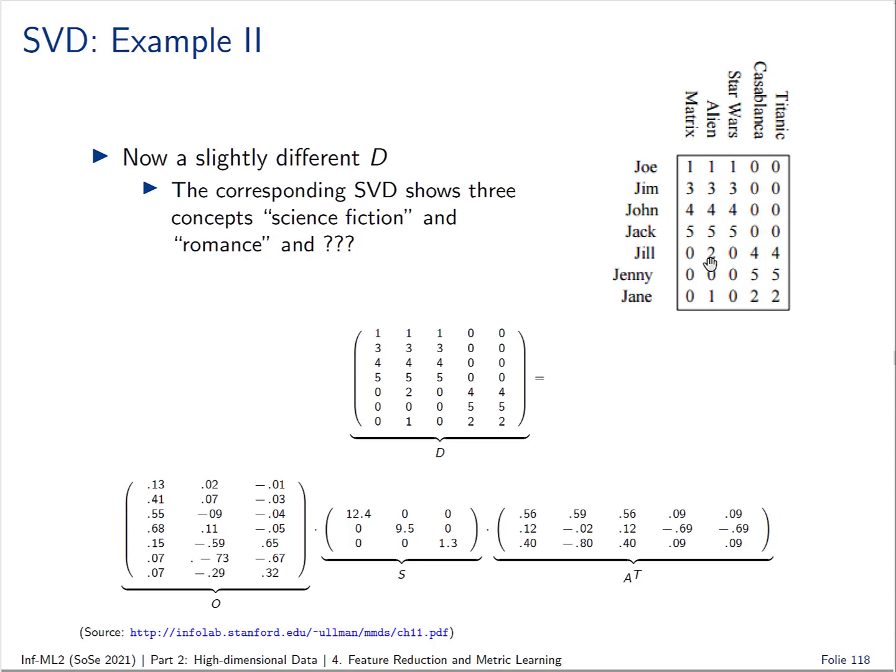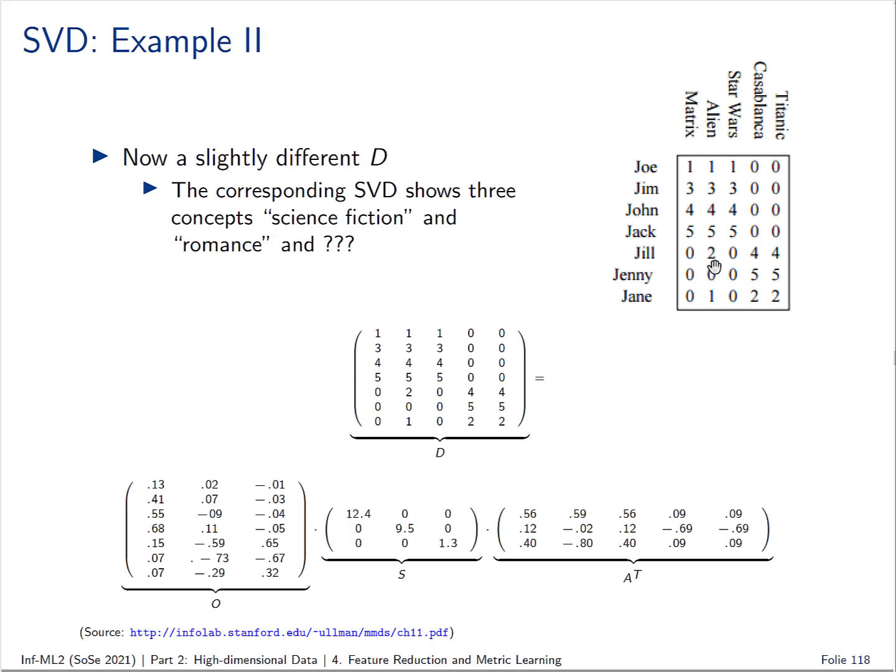But now Jill and Jane say, well, maybe they are engaged with Joey and Jack, and they say, okay, I have mercy with you guys, so I make a big sacrifice and also watch Alien and rate it. Jane hates it. Maybe Jill says, well, it was so-so, but anyway.